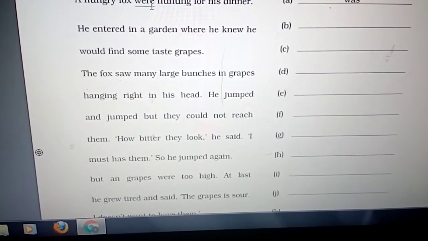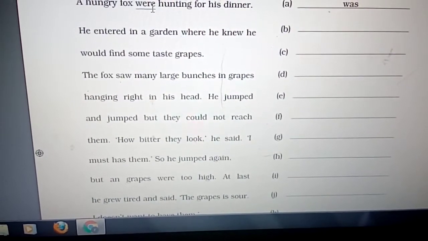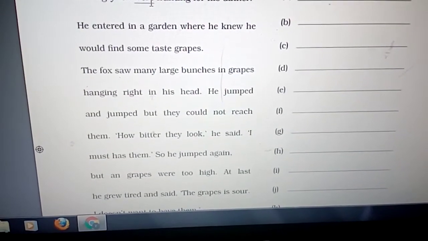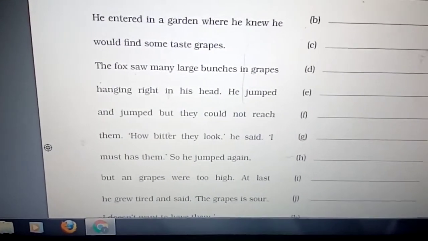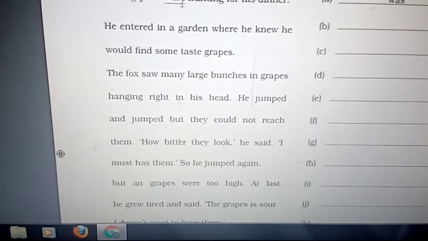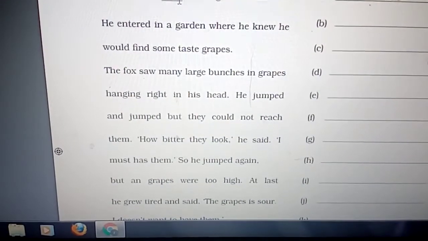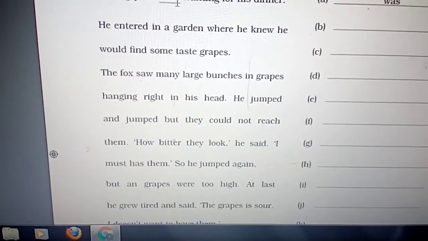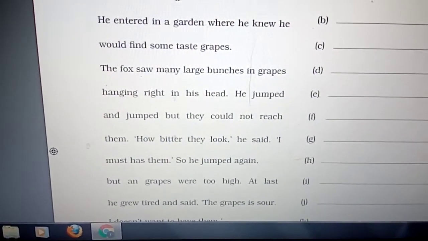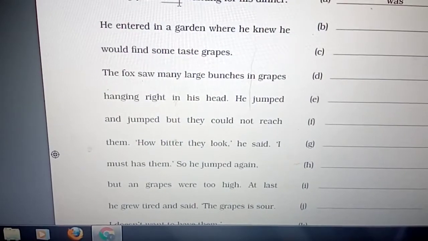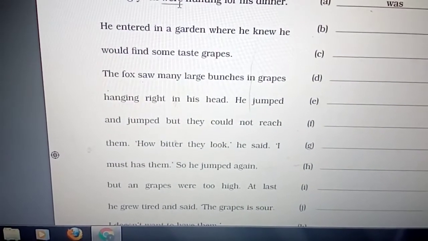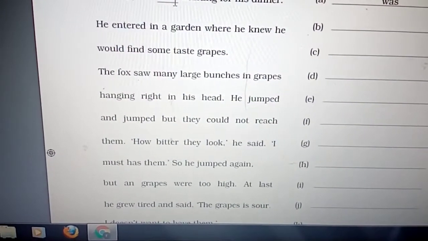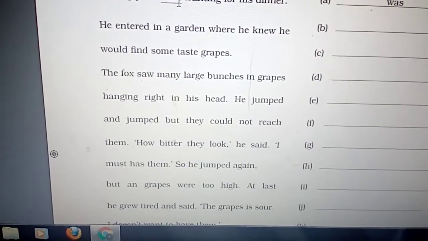He said, I must have them. I is the first person, and the first person is always followed by have. I must have them. So he jumped again, but an grapes were too high.